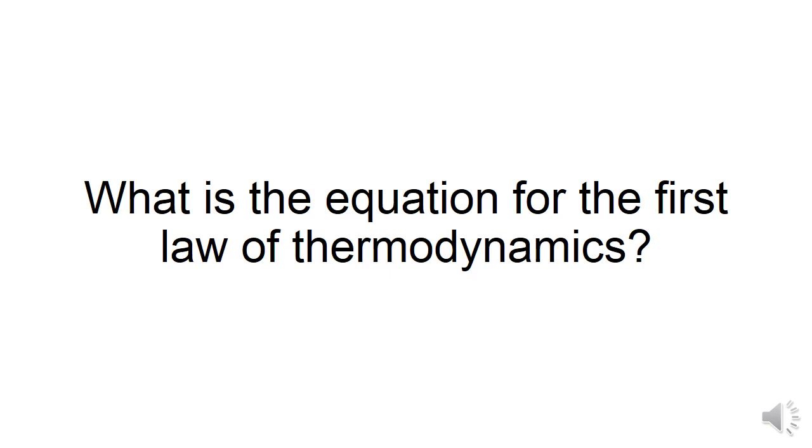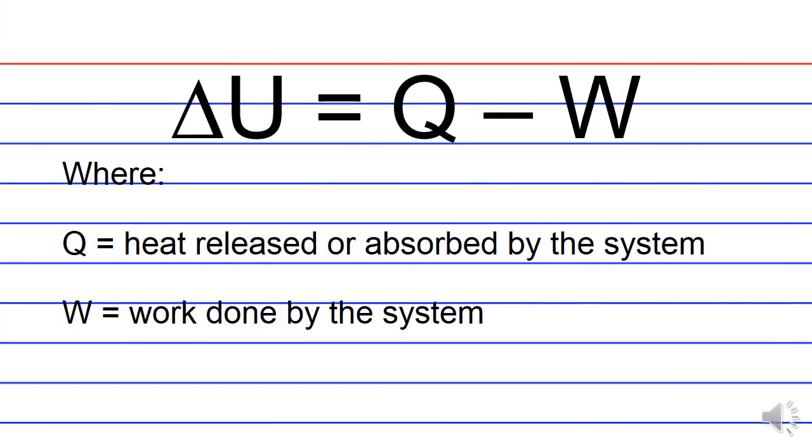What is the equation for the first law of thermodynamics? What is the general equation? This is something that you definitely want to memorize as well. All right, here it is.